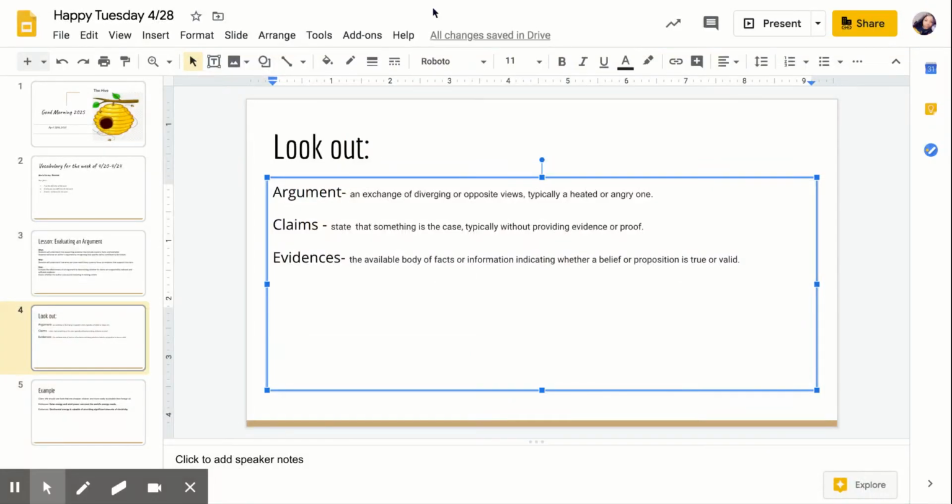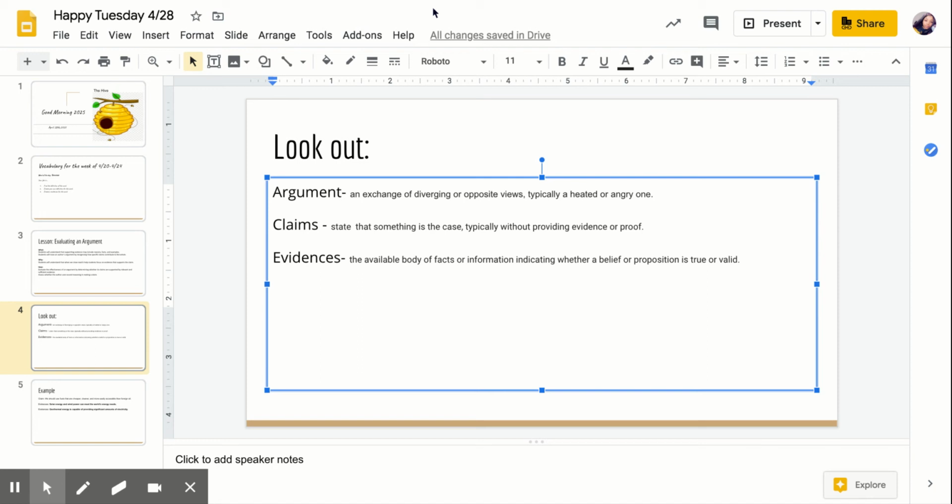All right, so when you hear the word argument, do you picture people involved in some kind of shouting match? That may be what some arguments look like, but in writing, an argument is a text that explains why the author's position on an issue is valid.